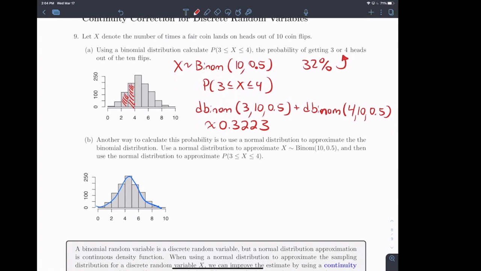And so we can use the normal distribution to come up with an approximation for this binomial distribution. It looks approximately normal, it's just a little boxed off. And so we could actually fit a normal curve to a binomial distribution. We just need to identify the mean and the standard deviation. In this case, the mean for a binomial distribution would be n times p, which is 5.